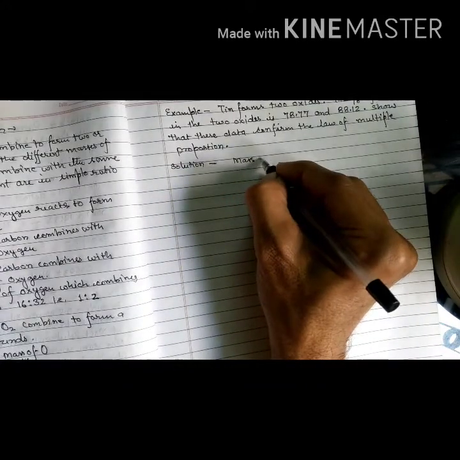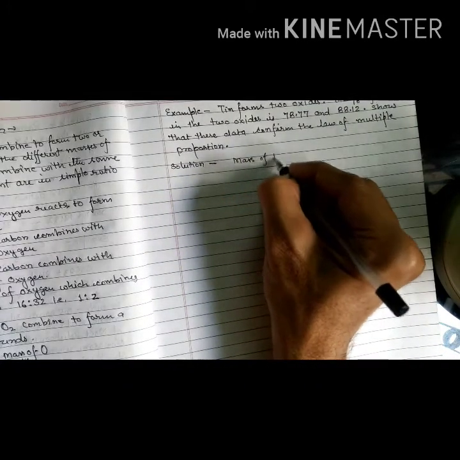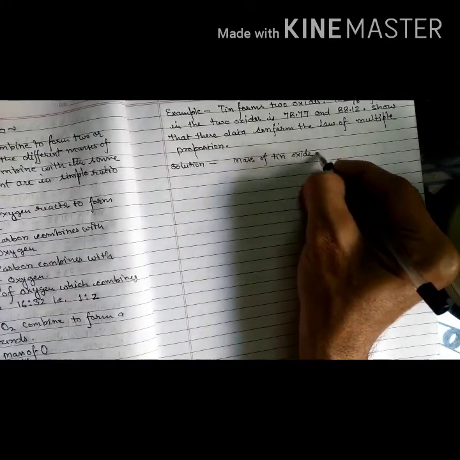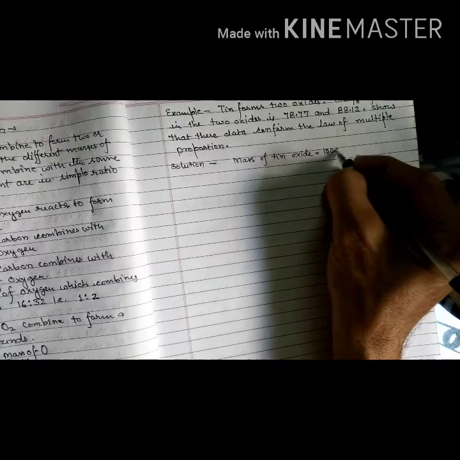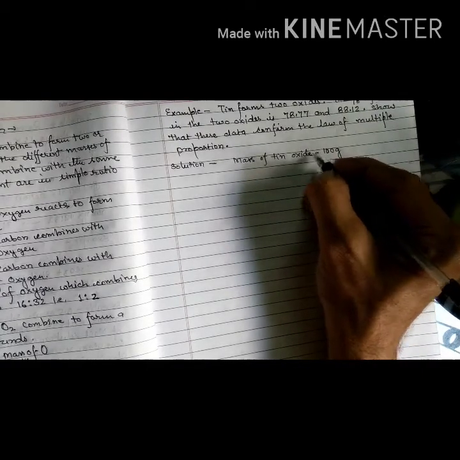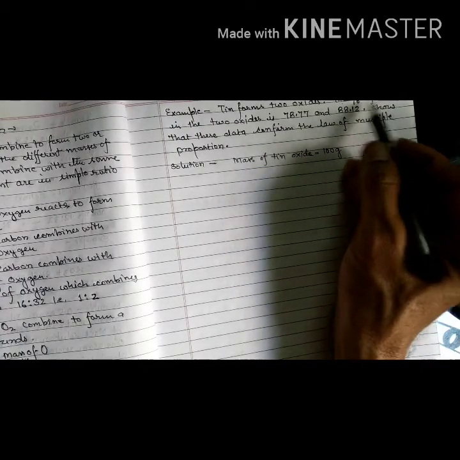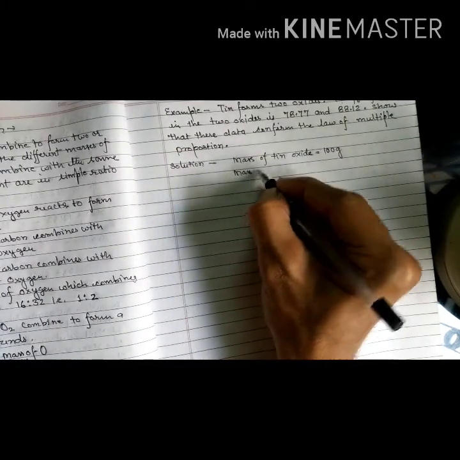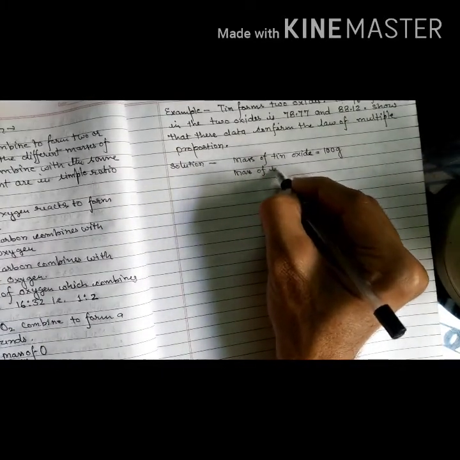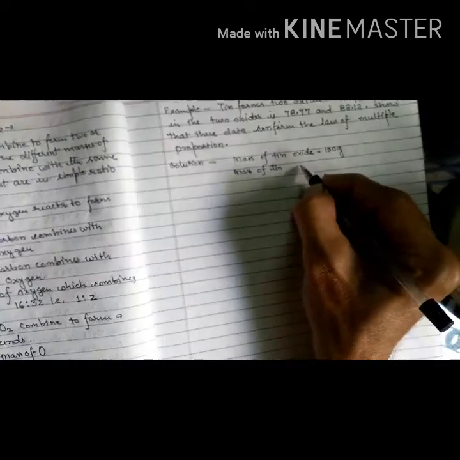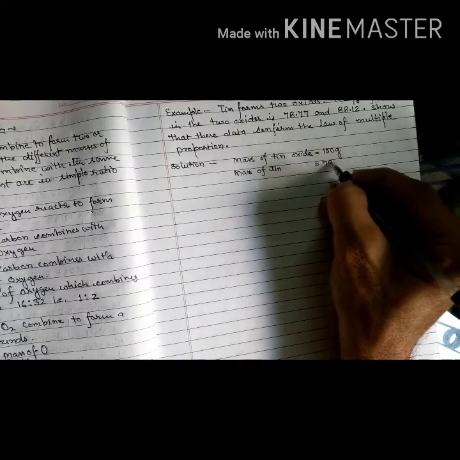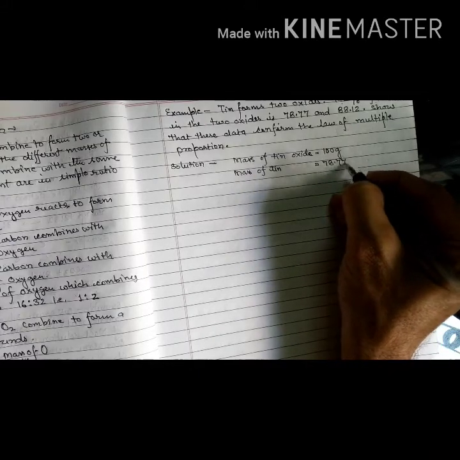In first case, mass of tin oxide is equal to 100 gram, because it is given in percent, and mass of tin in this oxide is 78.77 gram.